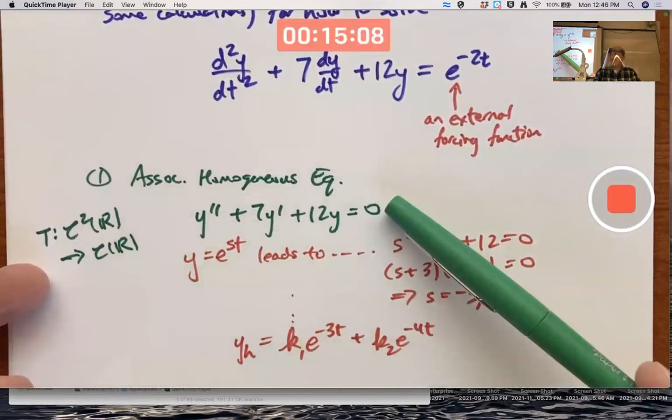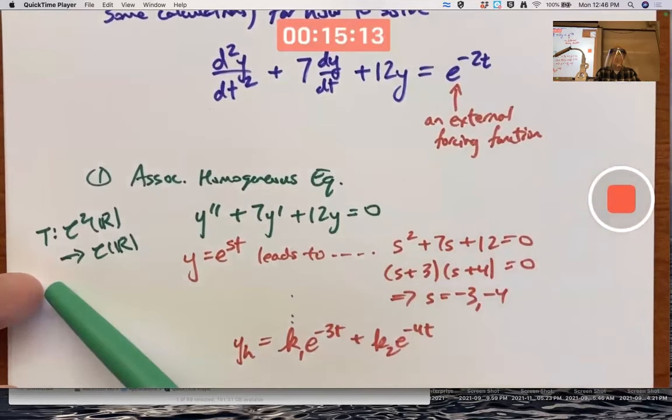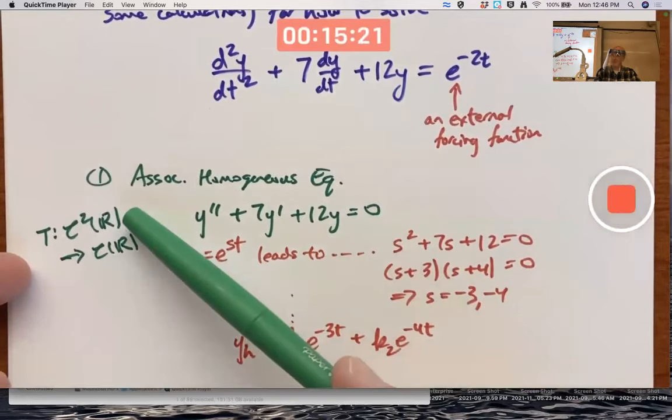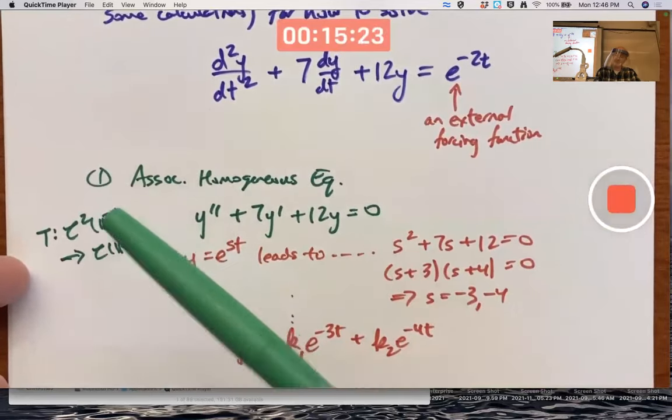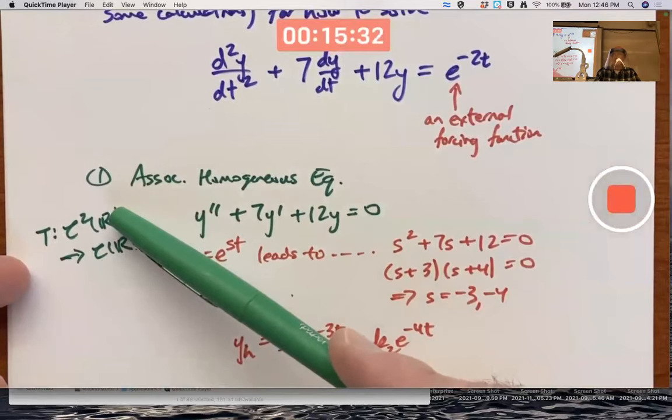The solution space of this homogeneous equation is the kernel of this linear transformation. I'm looking for all functions that get mapped to the 0 function. The kernel of a linear transformation is a subspace of the domain. It'd be a subspace of this, but it is a finite dimensional subspace. This vector space is infinite dimensional. There's no finite basis for it. There's plenty of functions in there that don't even have names.